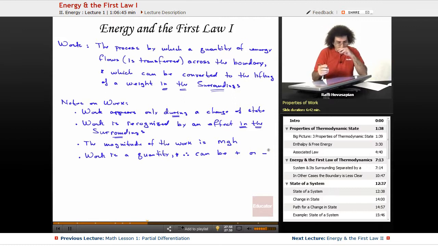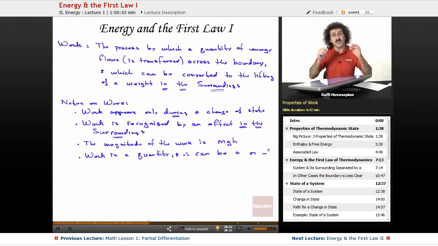So, work can flow from the surroundings to the system. Work can flow from the system to the surroundings. In thermodynamics, we take a point of view. In thermodynamics, when we talk about energy that's flowing in the form of work or heat, we're talking about a direction. Positive and negative signs in thermodynamics, they have to do with direction. In and of themselves, they're not that important as long as we can keep track of the direction.